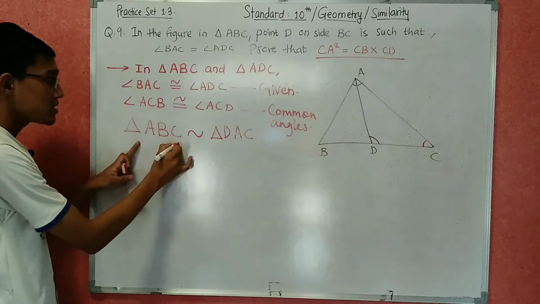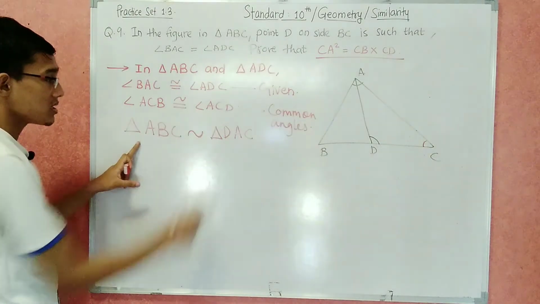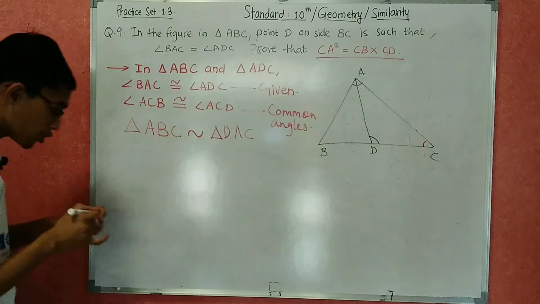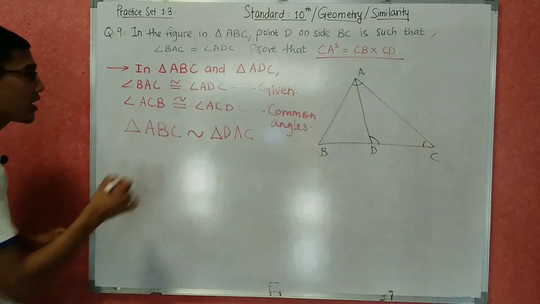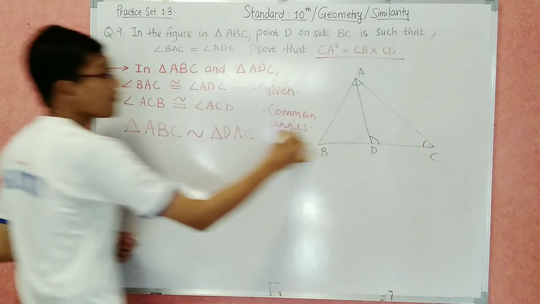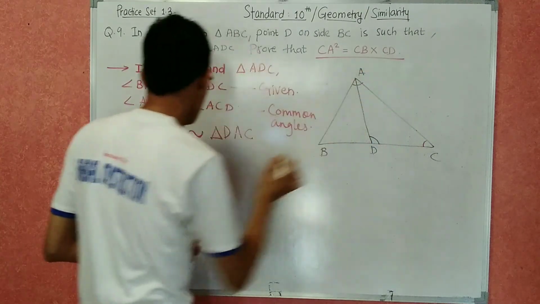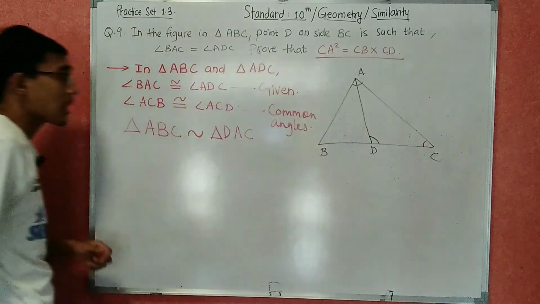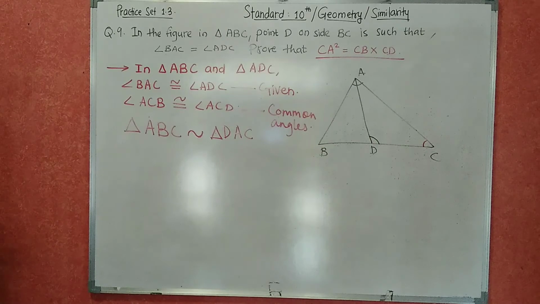Triangle ABC is similar to triangle DAC. Again, in this particular similarity, I have maintained the point-to-point correspondence. Angle C, then angle A of this triangle, and angle D of this triangle, as they are congruent, I have maintained the correspondence.